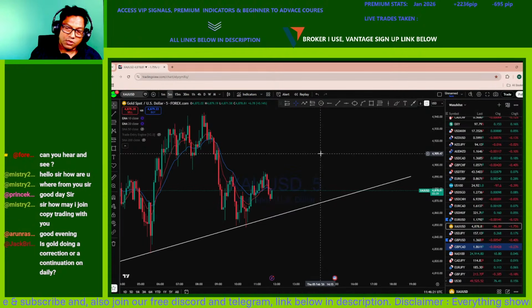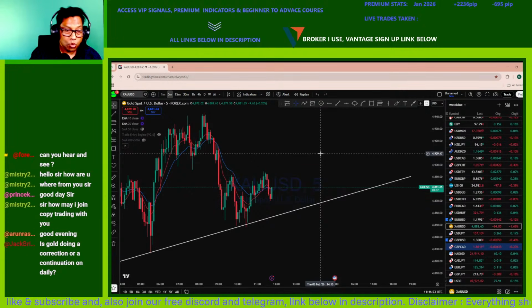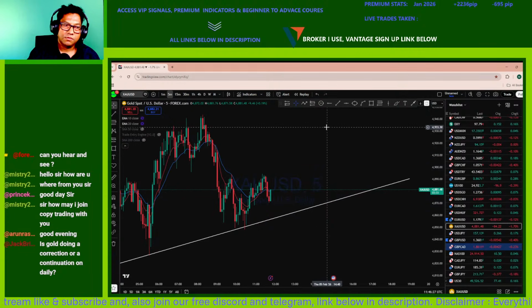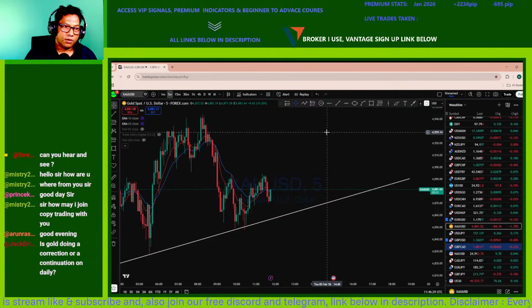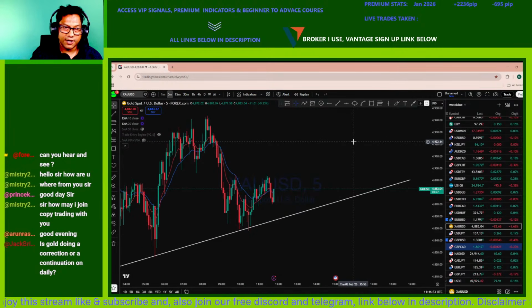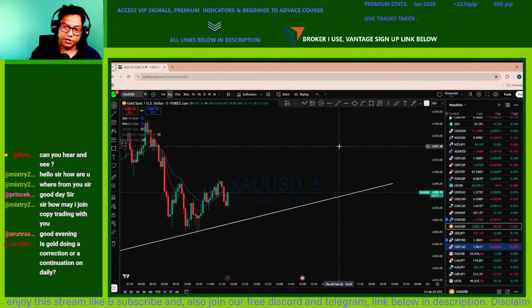Once one currency gets weaker, it actually strengthens the other one. This is how you'll see the market operate most of the time.